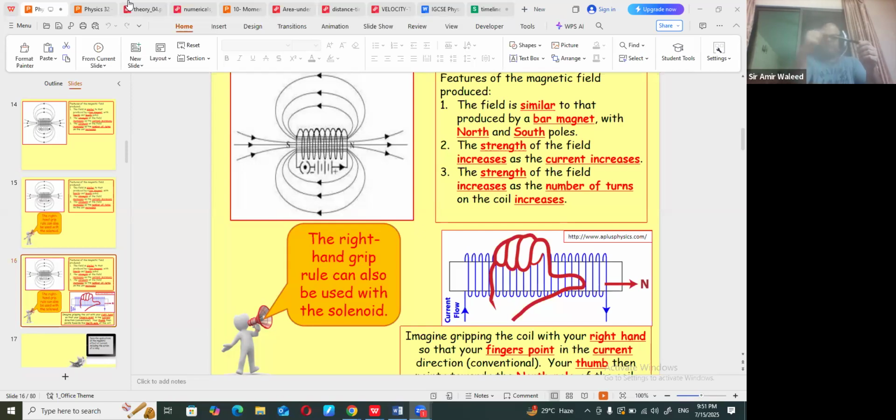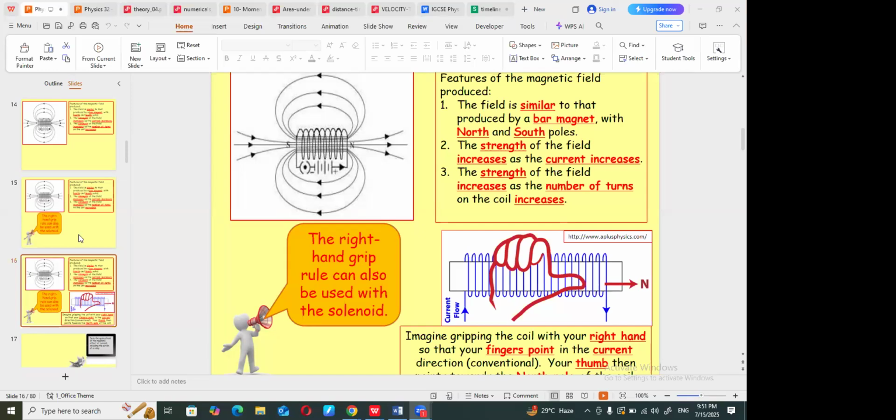And if it goes this way, it will be like this. So it's a right hand. We can do it with the left hand as well, but we normally use the right hand grip rule for that. Okay. So the right hand grip rule will be used to find the direction of south and north in the solenoid. Right.